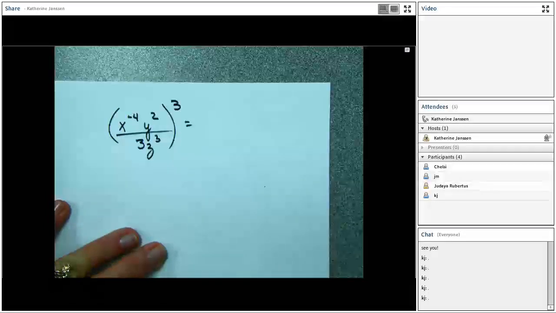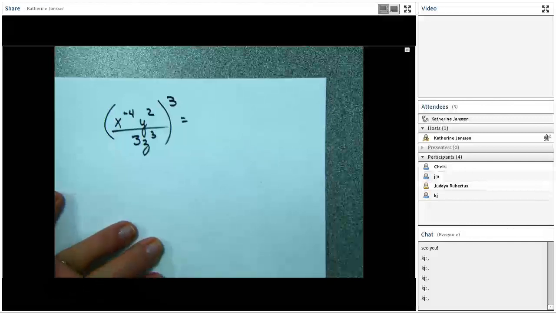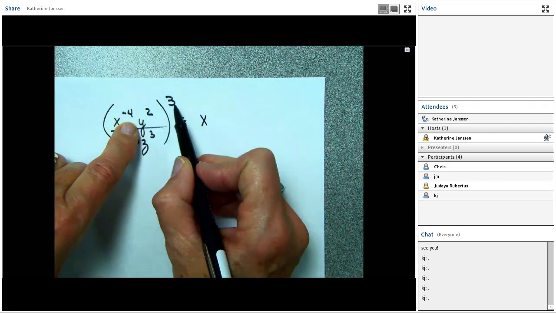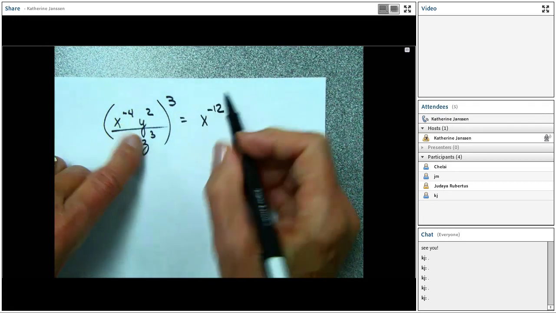Well, our rules for exponents: when I have a quantity raised to a power, we multiply exponents. So I have x, the negative 4 times 3 would be a negative 12.